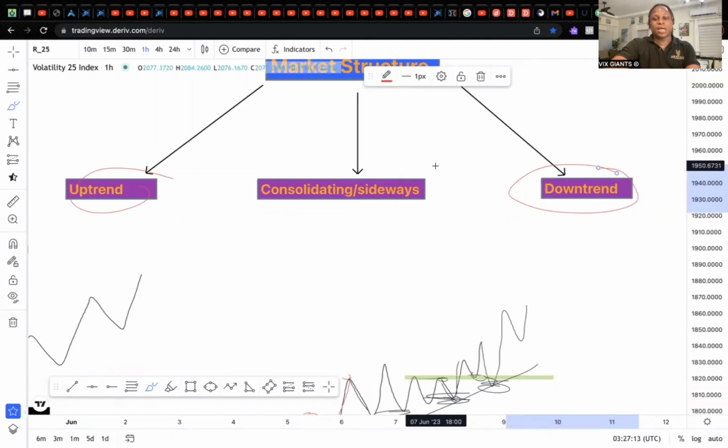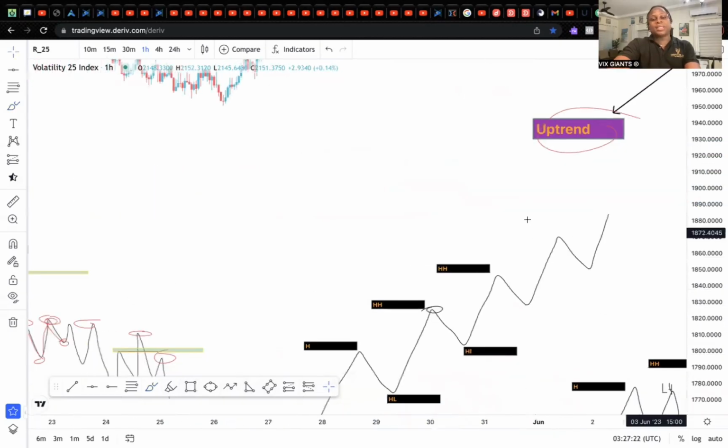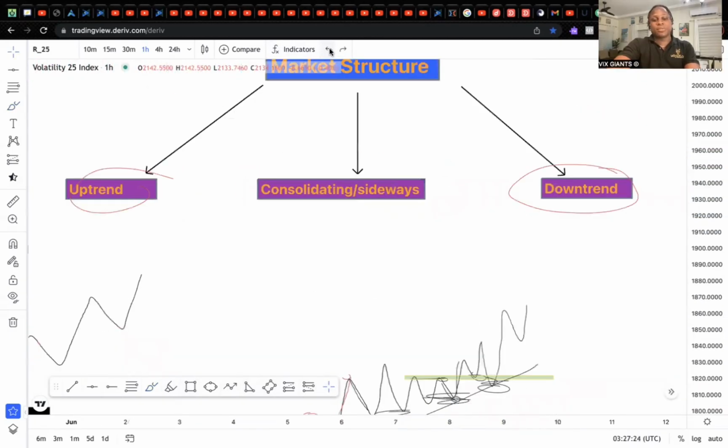Now, let's take a look at a consolidating or sideways market.